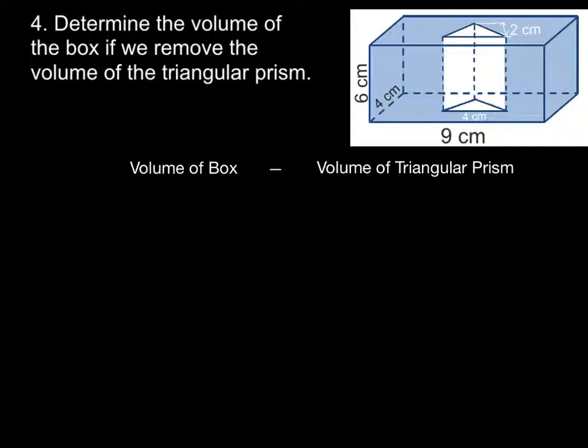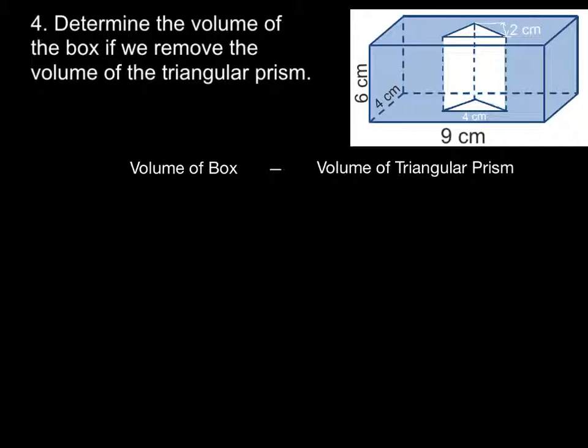All right, last example, number 4. Determine the volume of the box if we remove the volume of that triangular prism, this one here. So to find the volume then, we have to find the volume of the big box first, and then take away the volume of the triangular prism.